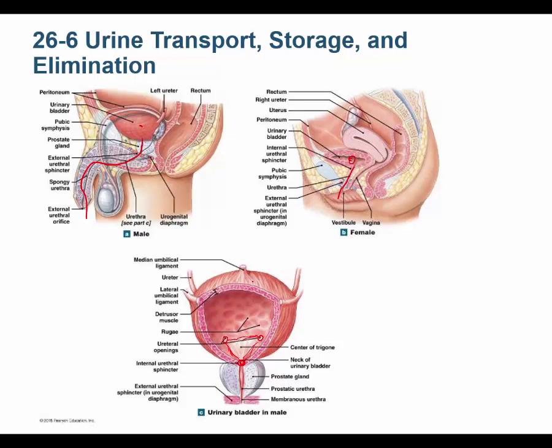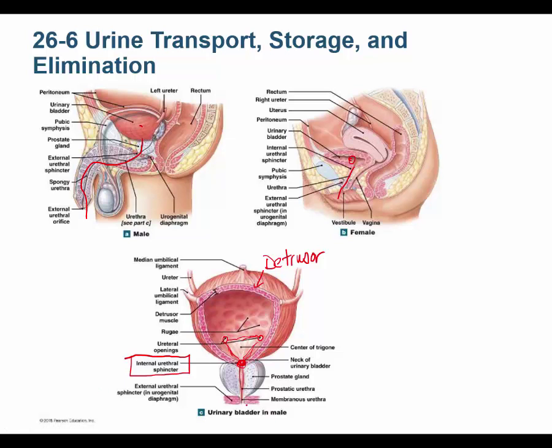There are 3 layers of muscles here in the bladder, and collectively those 3 layers of muscles are called the detrusor muscles. Right here where the urethra opens, the detrusor muscle is thick, and that creates the internal urethral sphincter that is under involuntary control.